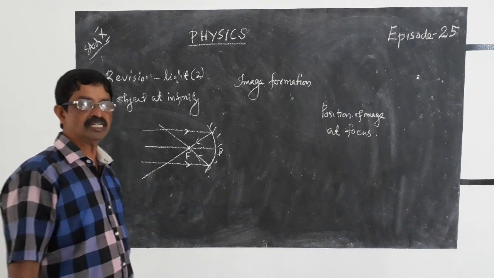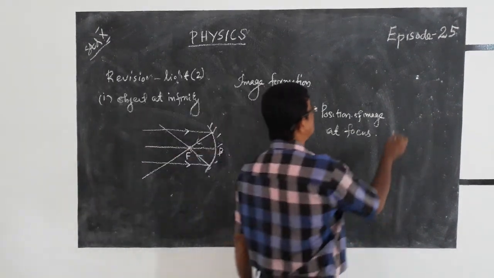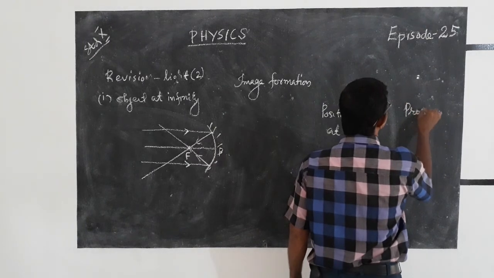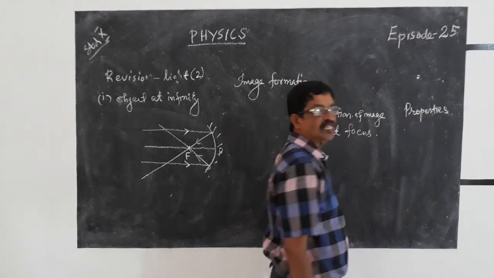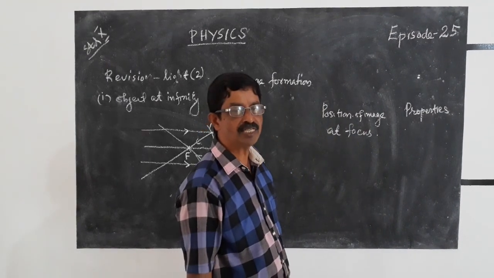Other properties of the image. That image is highly diminished, that means very, very small.